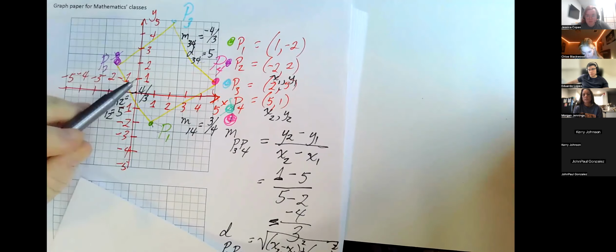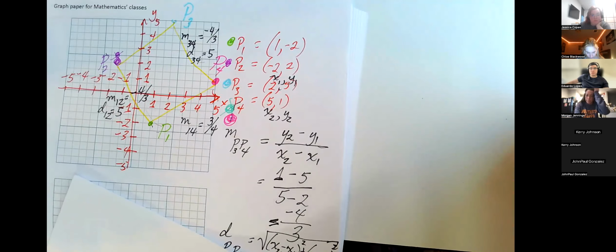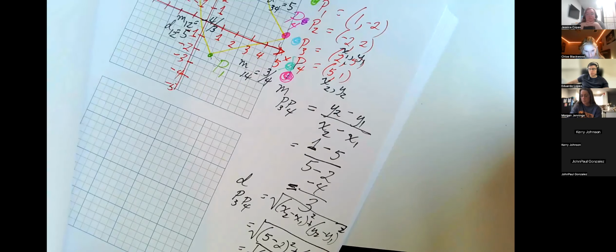And let's go ahead and find the slope between P2 and P3. If this thing is a square, what should that slope be? 3 over 4. Very good. So let's see, P2 is negative 2, 2, and P3 is 2, 5. Do you want to let P3 play the role of the first point?